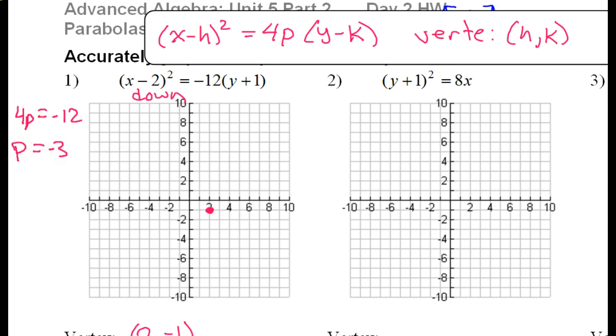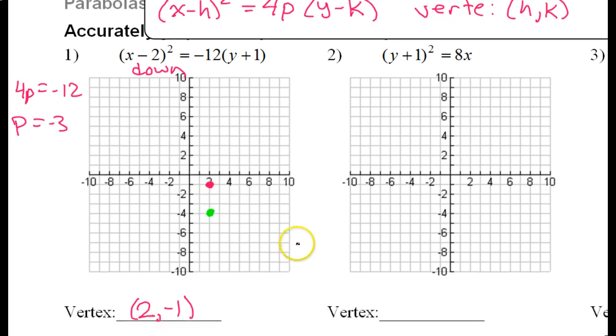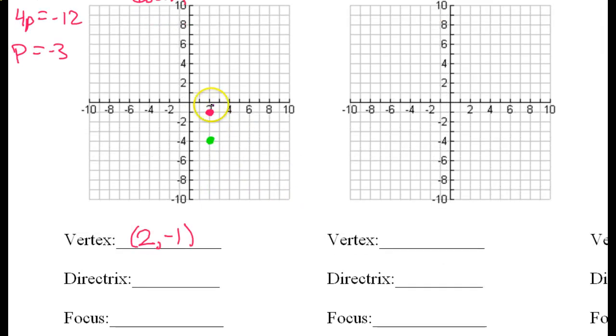That tells me where to put the focus. So if this is the vertex, and I know I need to go down, now I know to go down 3 from here, not from the x-axis, from the vertex. If I go down 3, that means my focus is right here. So we might as well record that too. That's 2 comma negative 4 is our focus.